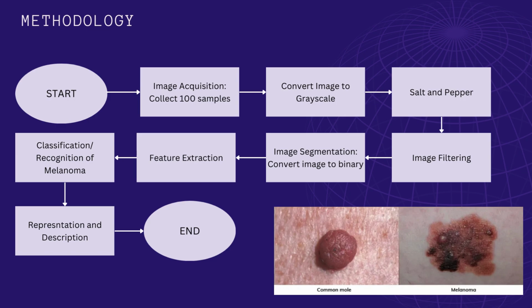First, the color images are converted to grayscale, simplifying subsequent analysis by reducing them to a single intensity channel. The introduction of salt and pepper noise simulates real-world imperfections, emphasizing the need for the system's robustness against noise.